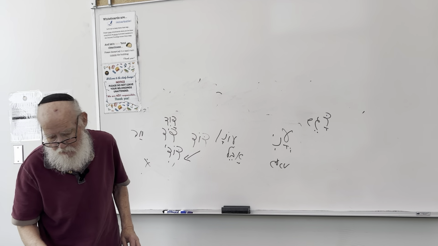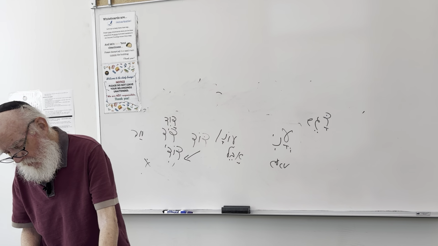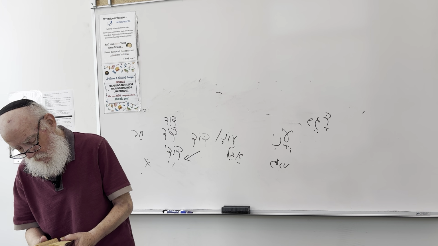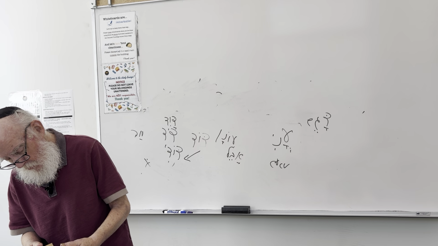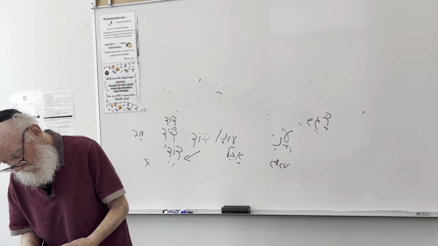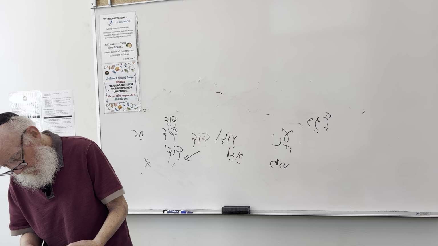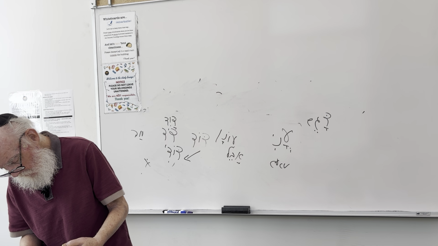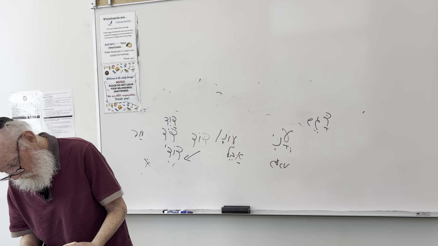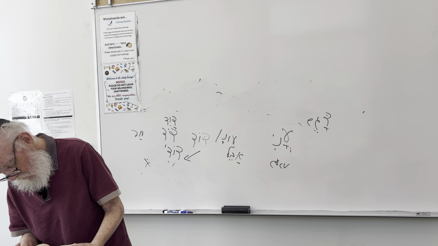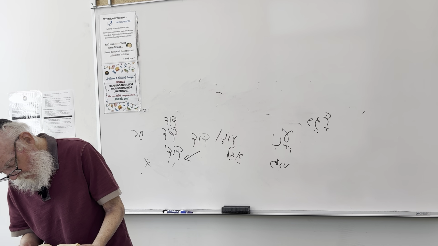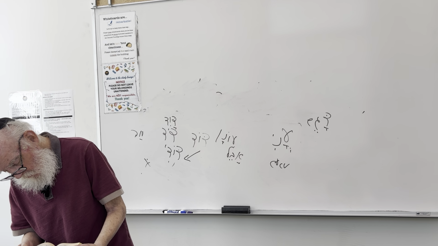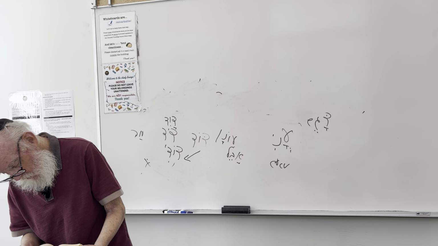The problem is, let me just see if it has this word onan. It has the word oni for poverty, affliction. Oni.